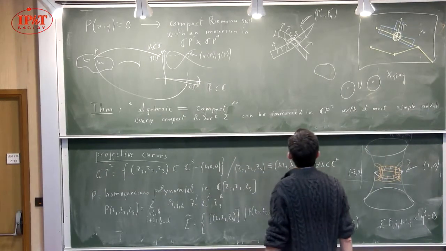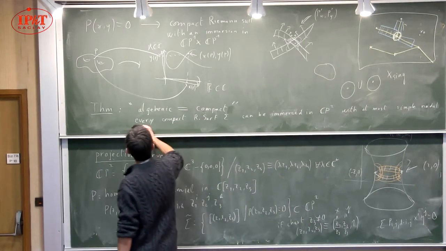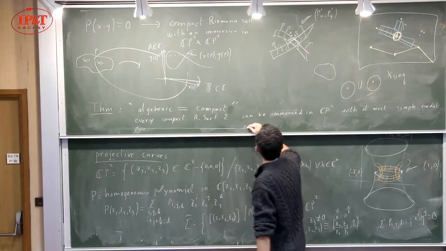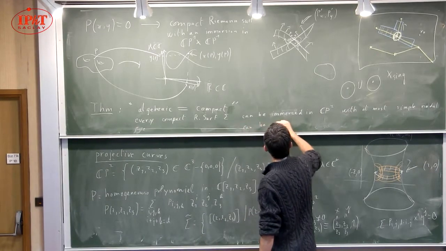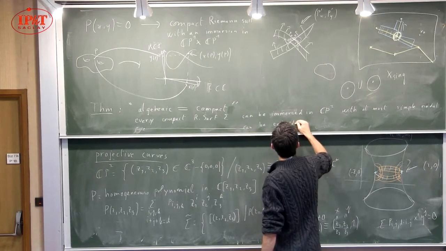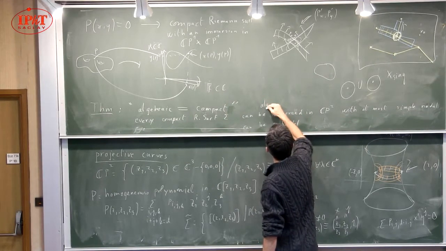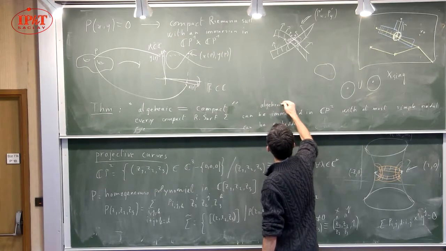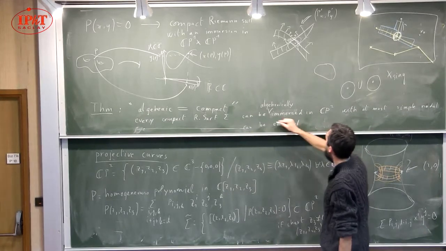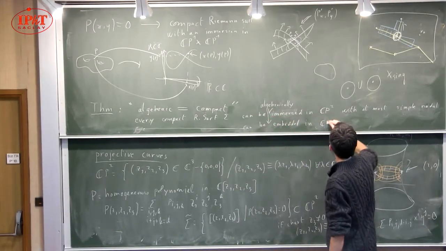But this can also be said as: every compact Riemann surface can be embedded, algebraically, in CP3.